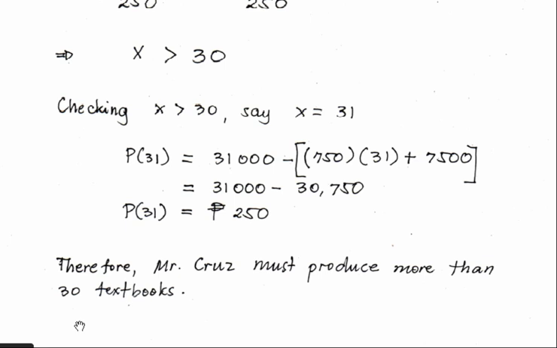So 1,000, which is the ceiling price or maximum price of the book, minus 8 pesos, is 992. So it is less than 1,000, which is what Mr. Cruz wanted, that the price of the book must be less than 1,000. Therefore, Mr. Cruz must produce more than 30 textbooks in order to say that it's worth it.